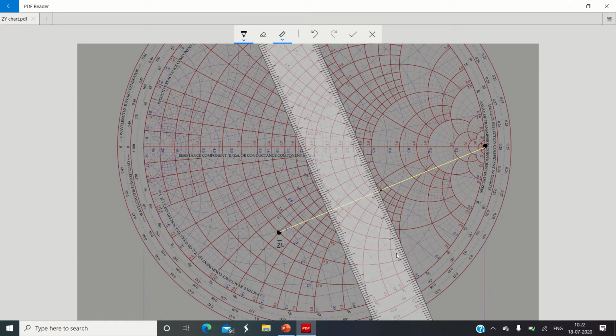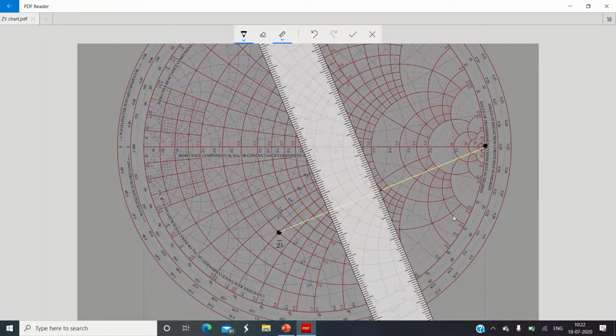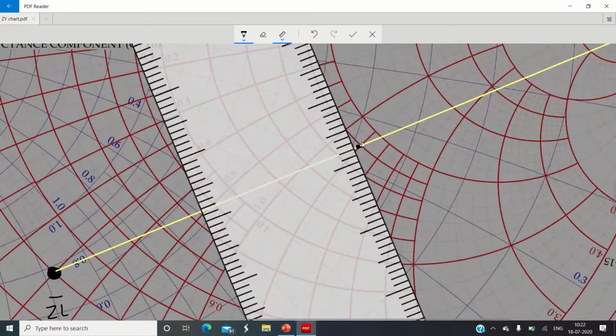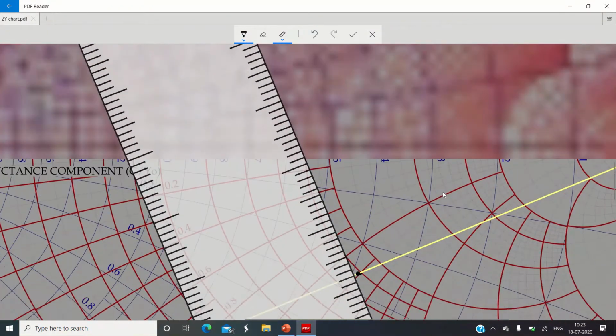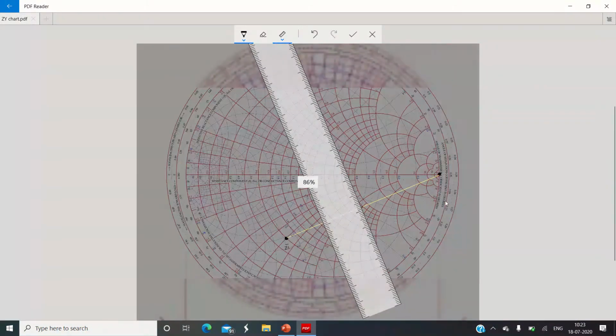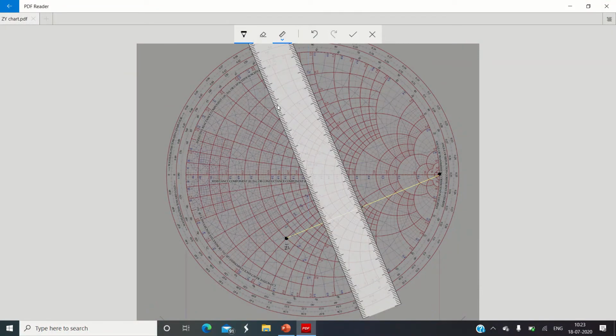Now you can observe that this is the center point of the chord. I am placing the ruler such that it is exactly vertical, making 90 degrees over here. Then you take the pencil again, and from here you draw a straight line which cuts the real axis.